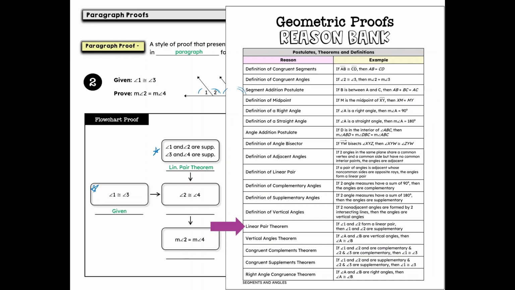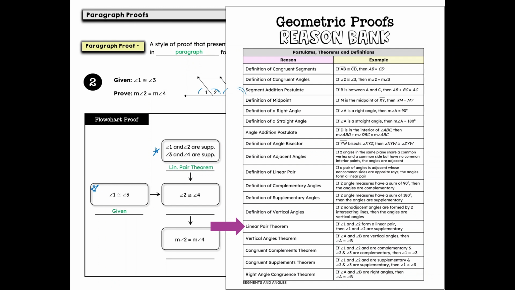The linear pair theorem says that if angle 1 and angle 2 form a linear pair, then angle 1 and angle 2 are supplementary. So I can visually see that angle 1 and angle 2 form a linear pair, and angle 3 and angle 4 form a linear pair, which we can deduce that they are supplementary angles by the linear pair theorem.